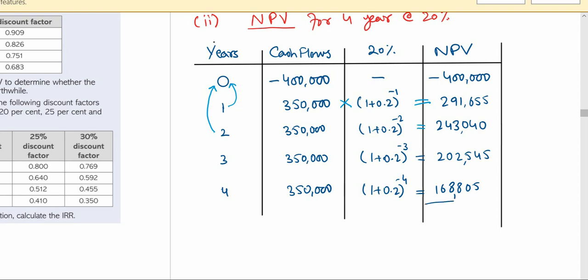Now we add all of these, the minus and the plus, across all 4 years.